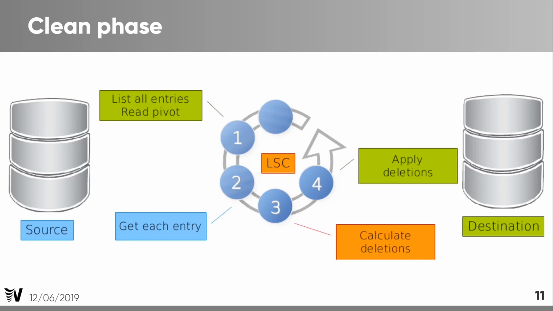It means if the user is no more in source, LSC will say that this user must be deleted inside destination. What we can see in the sync phase and clean phase is that the source is always a read-only database, and all modifications are always done in destination.